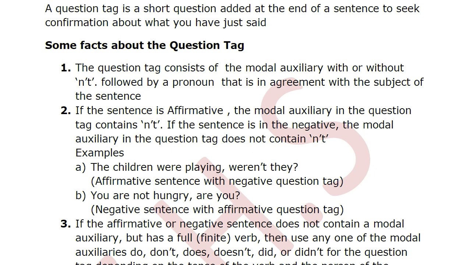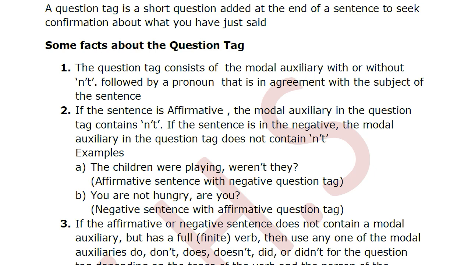Now, this question tag depends on your sentence given. It depends on the modal auxiliary, whether there is a modal auxiliary, whether it's a positive or a negative modal auxiliary, and if there is no modal auxiliary, whether it's an imperative sentence. It depends on all these facts. So now let's look into this. The question tag consists of the modal auxiliary with or without n't, followed by a pronoun that is in agreement with the subject of the sentence.